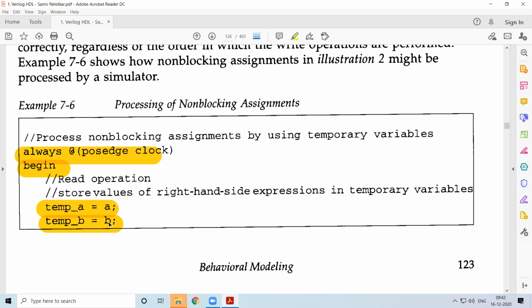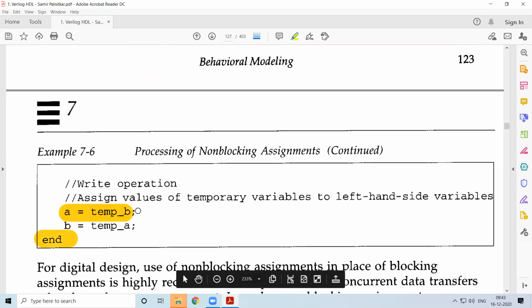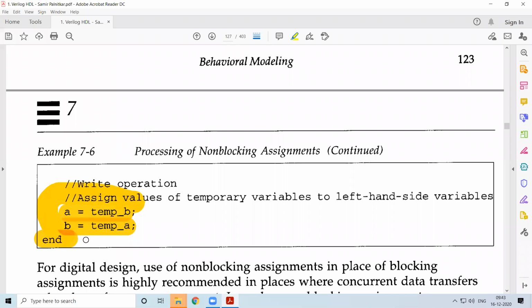What happens? A is assigned to temp A, B is assigned to temp B. Then you take the temp B value and store it in A, and take the temp A value and store it in B. So using the blocking assignment statements, you can exchange the values which are present in the variables.